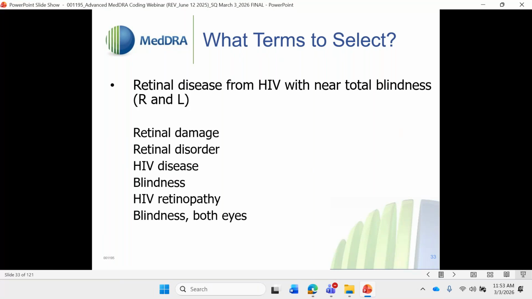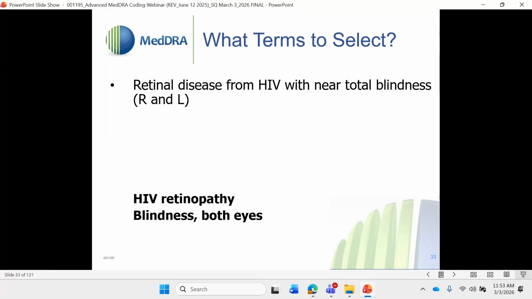But wouldn't it be good if we have a term, and we do, that is HIV retinopathy? You wouldn't have to split it because there is a term. He has a retinopathy, which is a disease, HIV related, and with near total blindness. And we have a specific term that says blindness both eyes. So you'll be surprised at how granular MedDRA is, right?